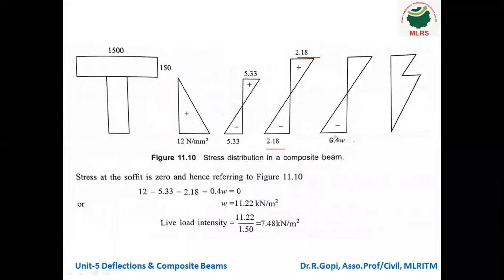You can add all those values and get the answer: 12 minus 5.33 minus 2.18 minus 0.4 W. Therefore W is 11.22 kilonewton per meter. Actually it is not per meter square.